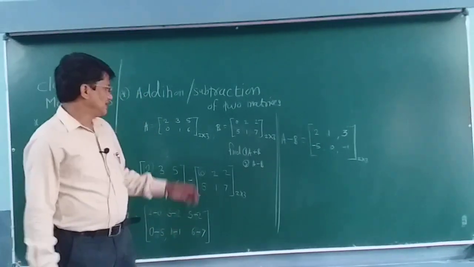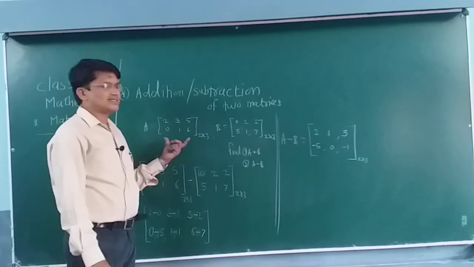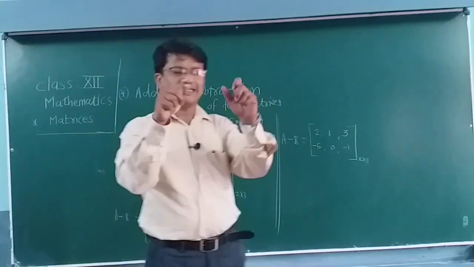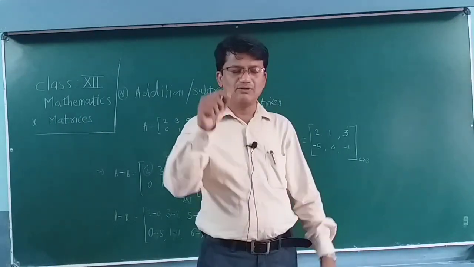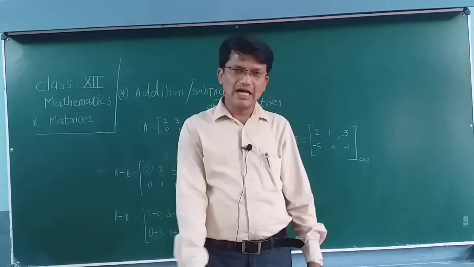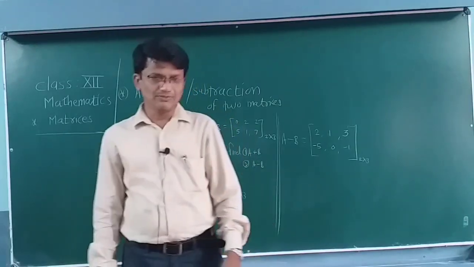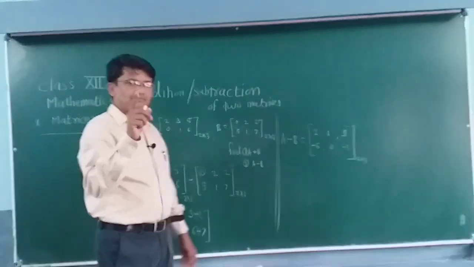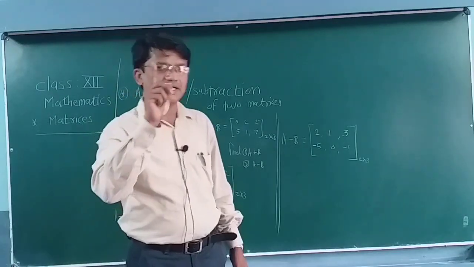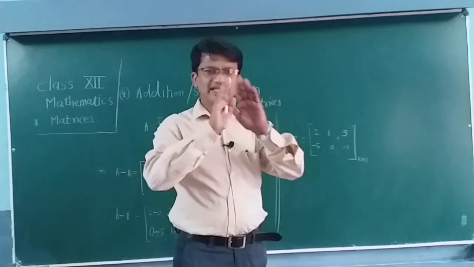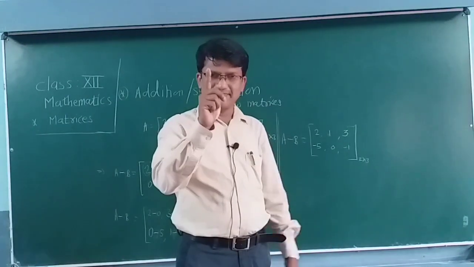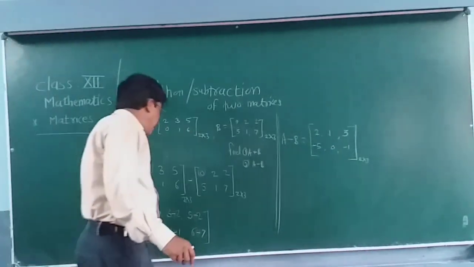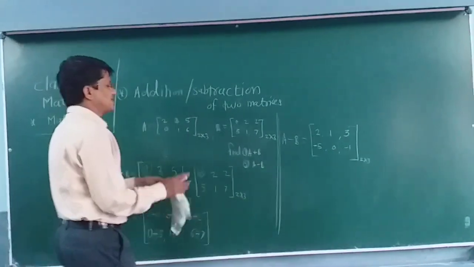Thus, we have discussed techniques to calculate how to add two matrices or how to subtract two matrices. But the condition is, if the two matrices are of different order, then we cannot add or subtract such matrices.